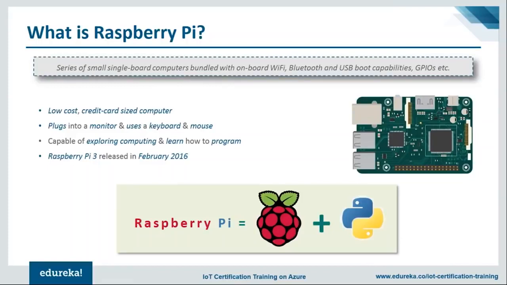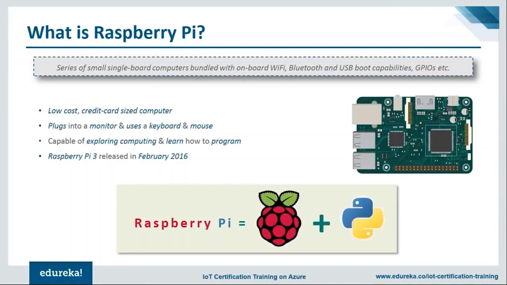It is a very small, low cost, credit card sized computer which can be plugged into any monitor, and you can include a keyboard and mouse. It increases the opportunity for people to explore, learn, and understand how to program.